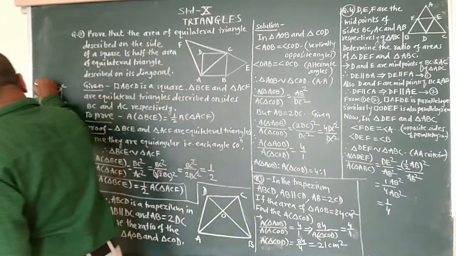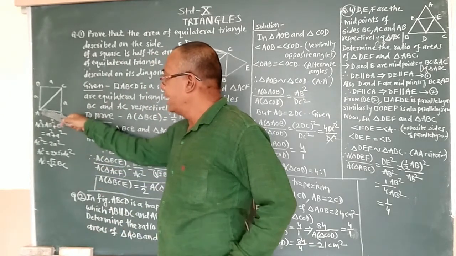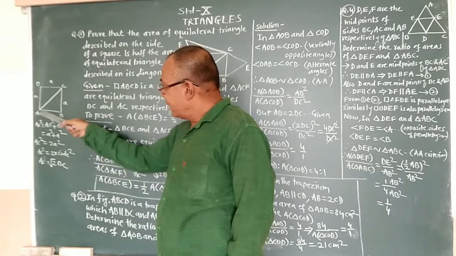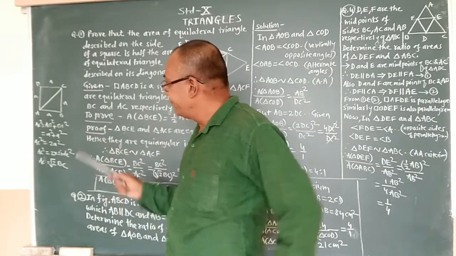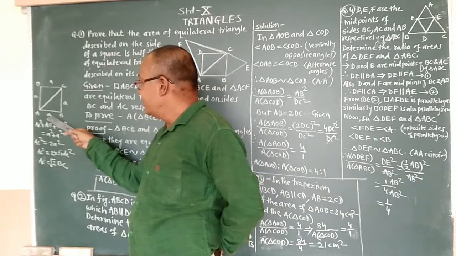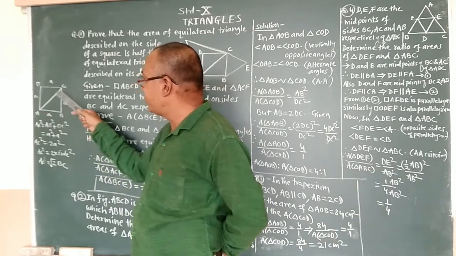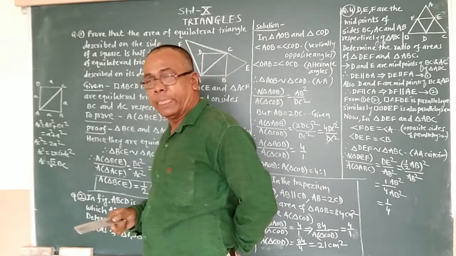Here our square ABCD is drawn, and its diagonal is AC. We know that ABCD is a square, means all the sides are equal. Let each side of the square be a, that is AB equal to a, BC equal to a, DC equal to a, and DA equal to a.